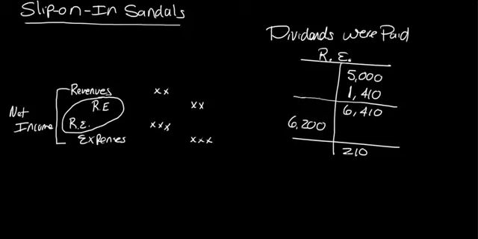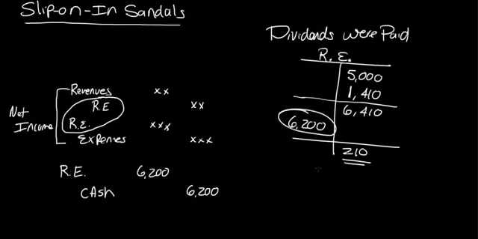Let me do the journal entry: retained earnings would be debited for $6,200, and we could just call the credit cash, because that would be the amount paid as the dividend. That makes this account balance.